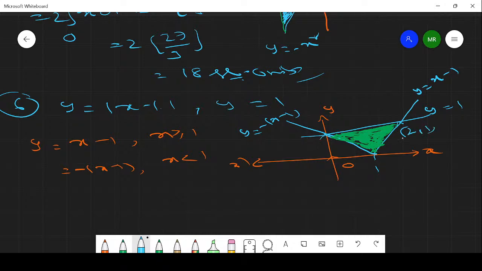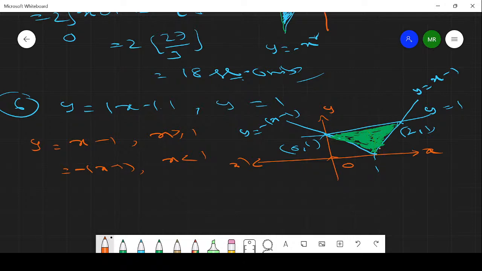When x equal to 0, y is equal to 1. This point will be 0, 1. Correct. Now I can consider 0 to 1. You can think it is symmetric with respect to the line x equal to 1.